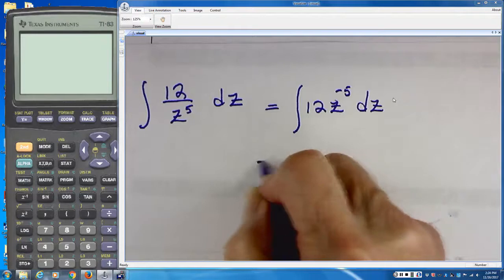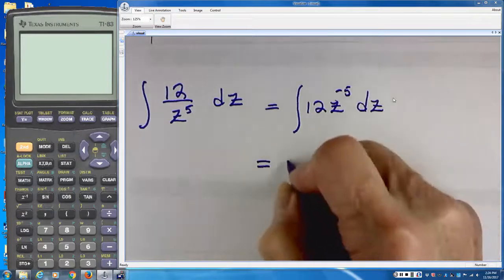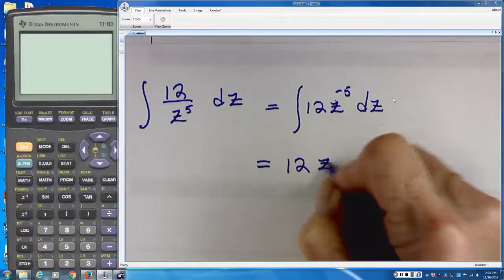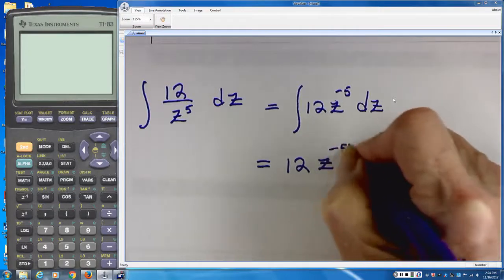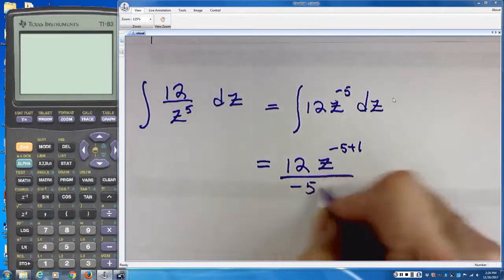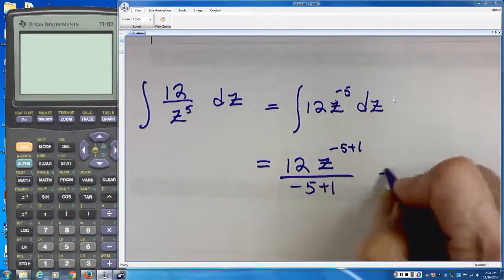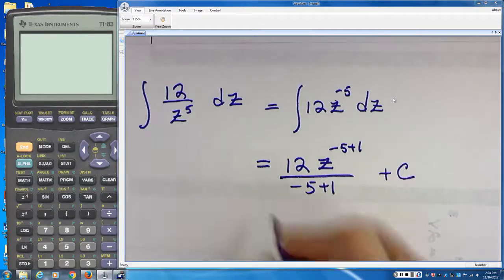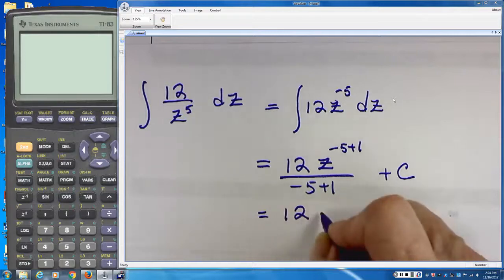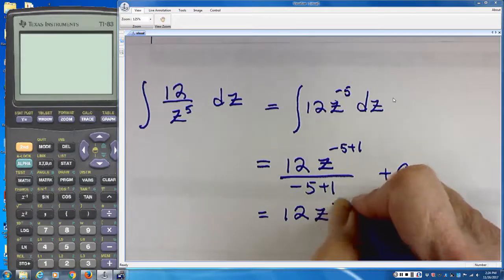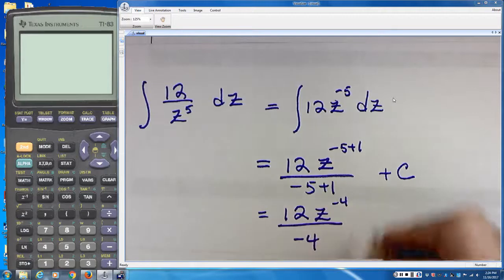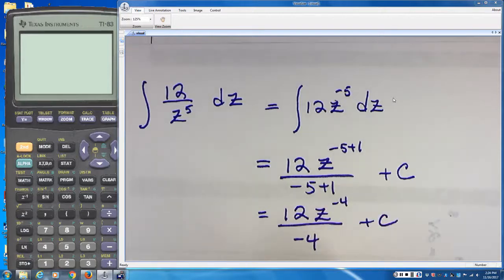And then our derivative rules tell us that what we're going to do is say that's 12 times z to the negative 5 plus 1 over negative 5 plus 1 plus a constant. And that will be 12 z to the negative 4 over negative 4 plus a constant.